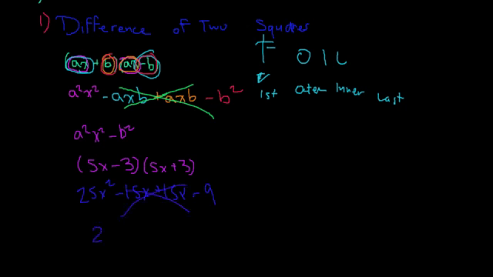It's going to be 25x squared minus 9. Now, let's use this property that we've discovered to do that. What is A squared? Well, that's 25. What is x squared? Well, that's x squared. What is negative B squared? That's negative 9. Can't be easier than that.